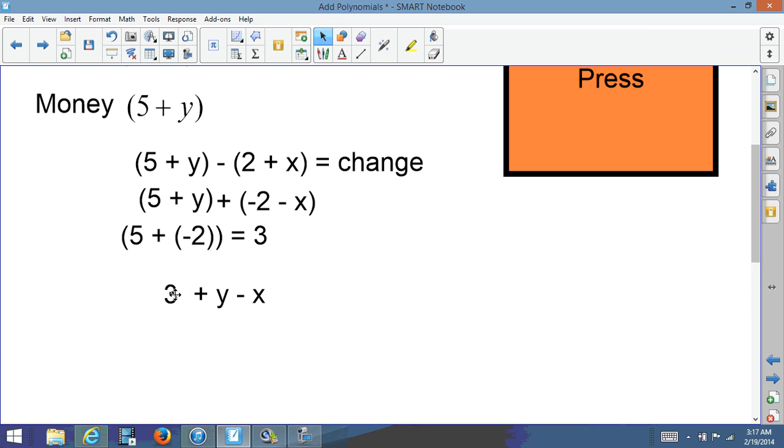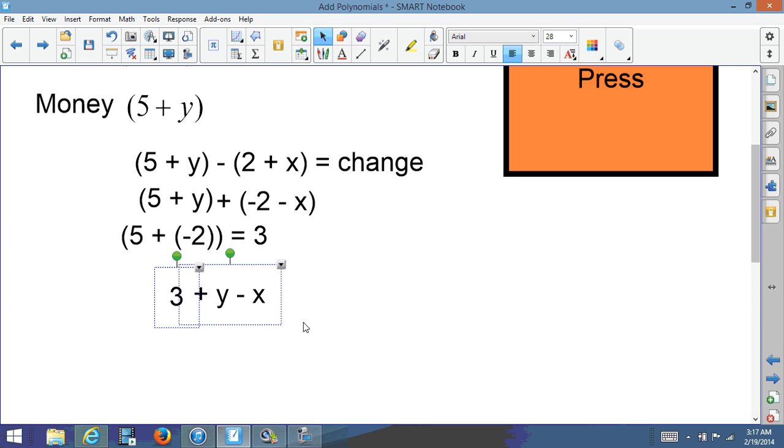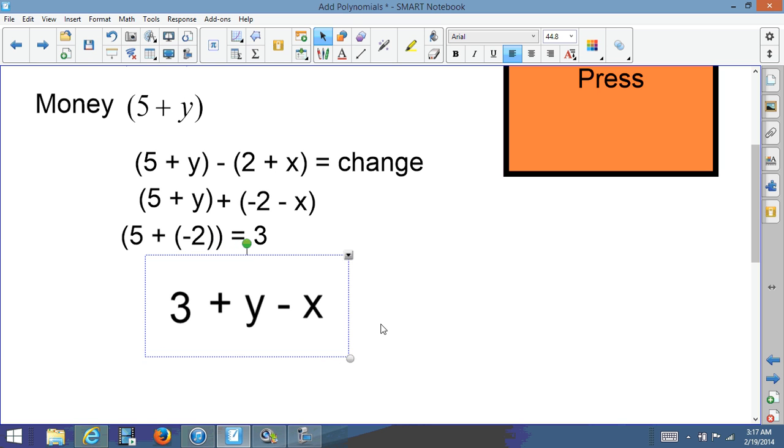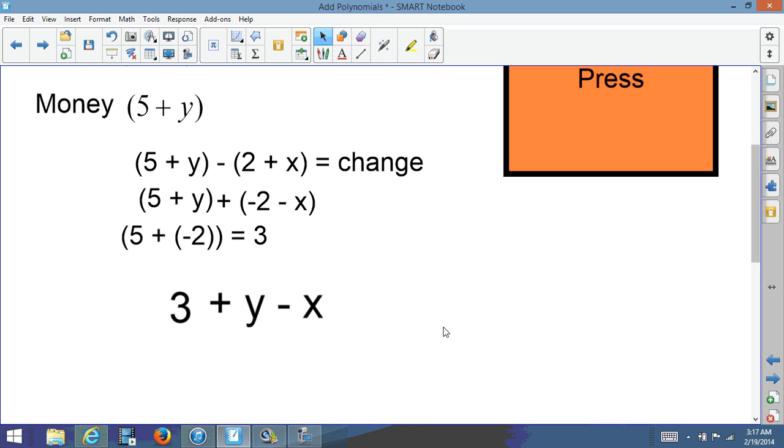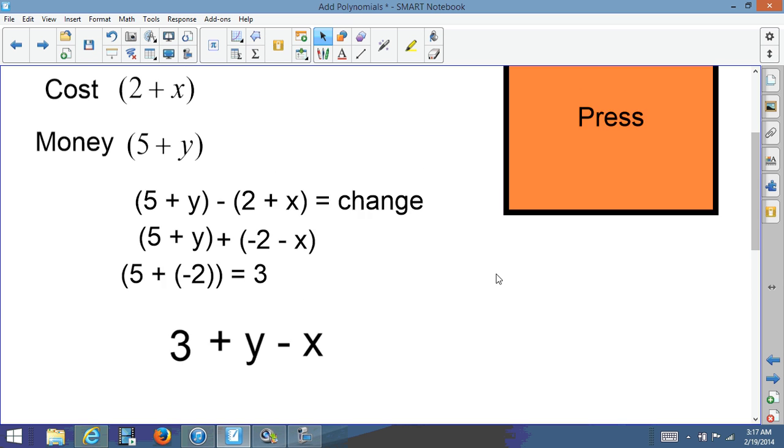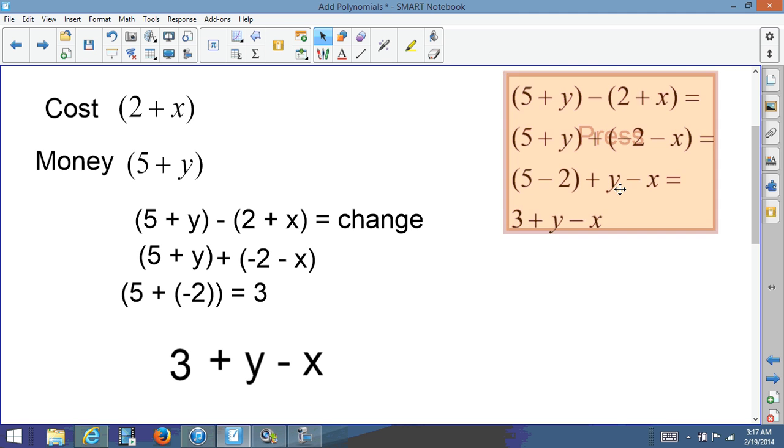And that's what would be left, because we don't know what x and y are, but when we do find out, we would be able to combine that with the other terms, the constant. So our answer would be 3 plus y dollars minus x dollars. That would be our result.